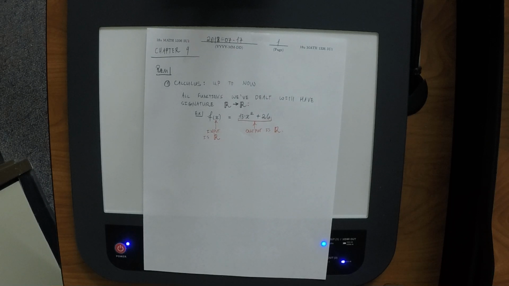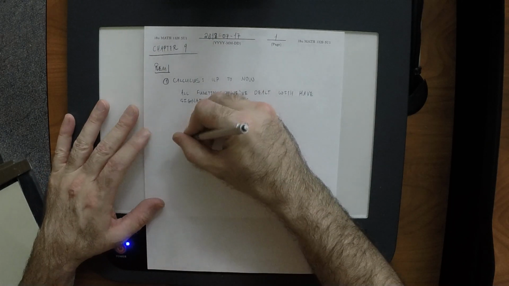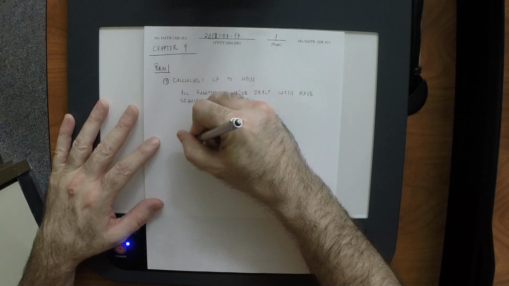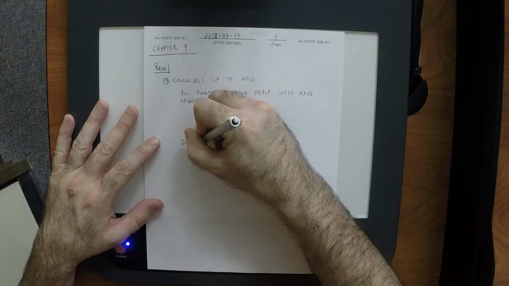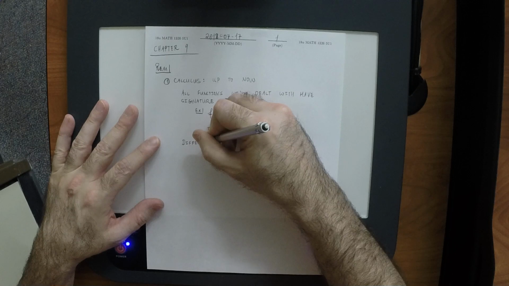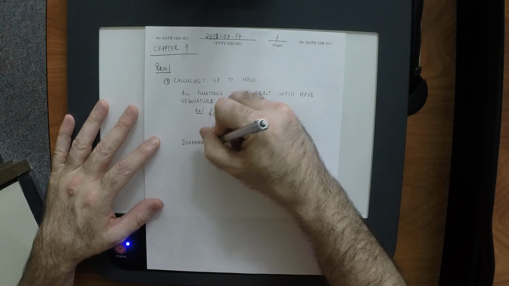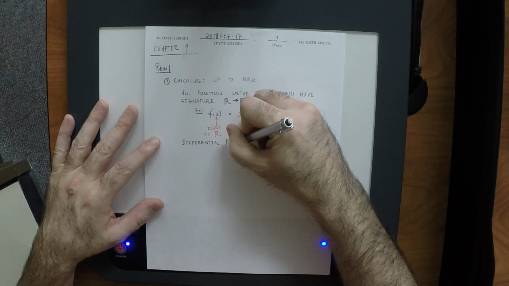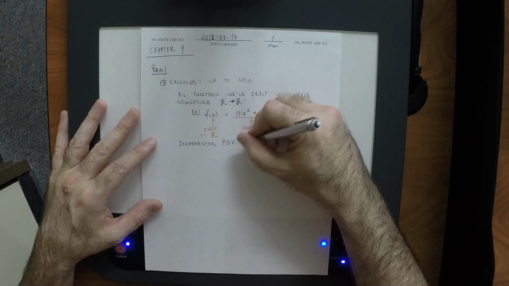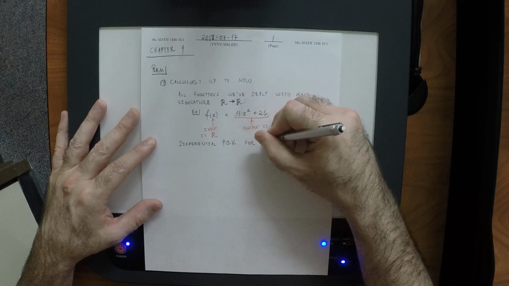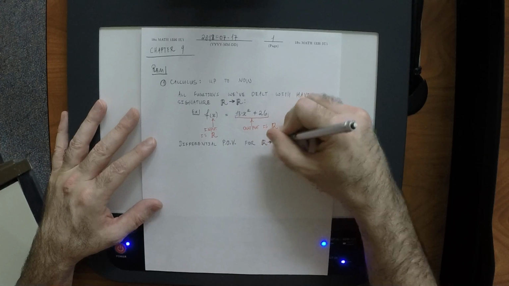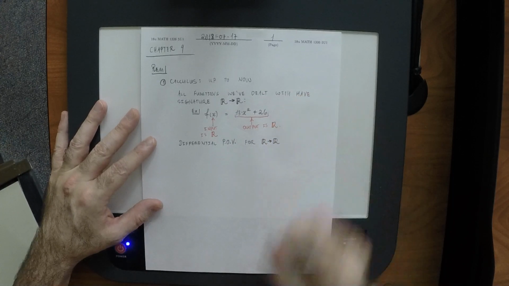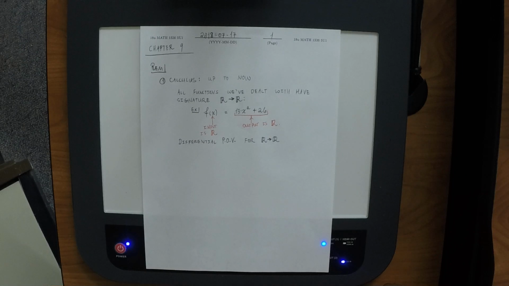Specifically, we've looked at the differential point of view for reals to reals.